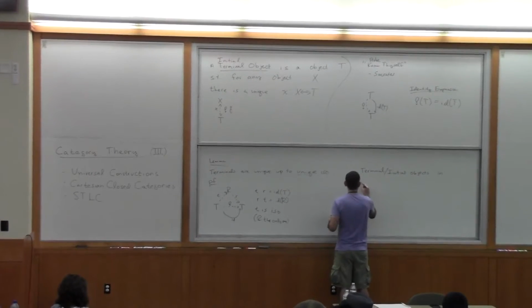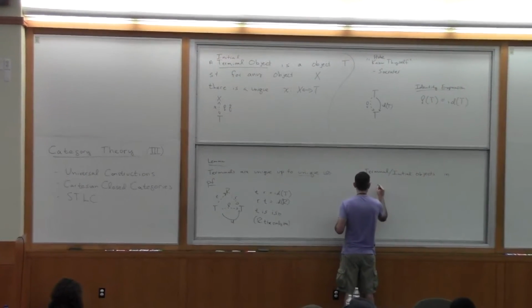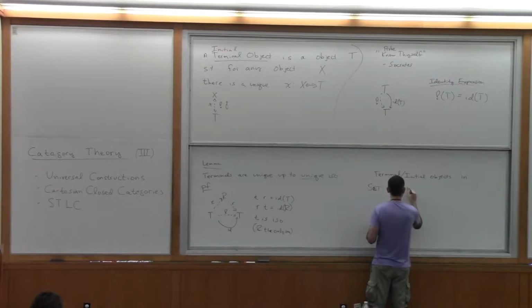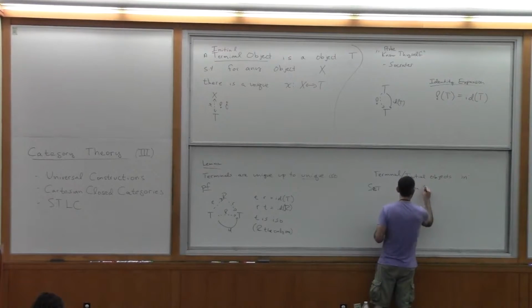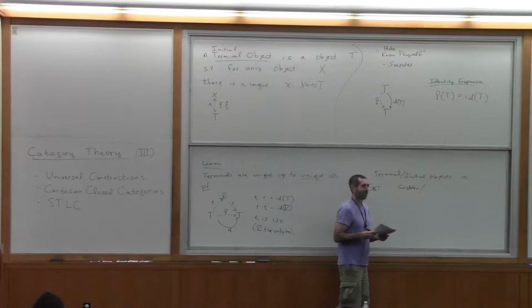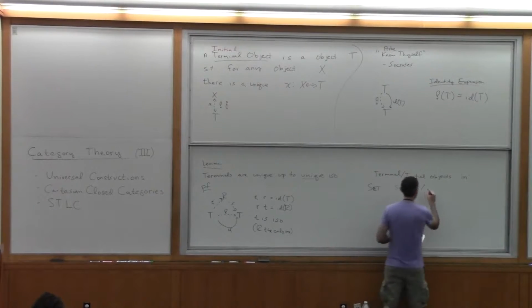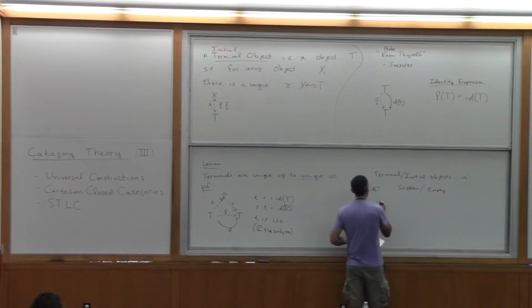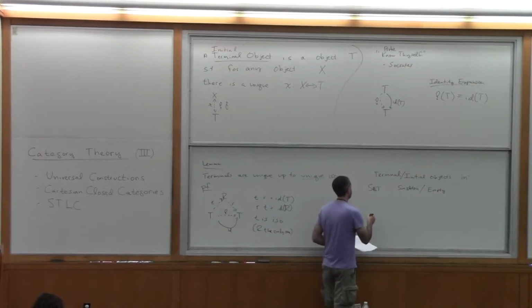So in sets, we just saw what a terminal object was. It was a singleton set. And any guess what the initial object is? Well, okay, I'll let you think about it, but I'll just tell you it's the empty set. And you should convince yourself of that maybe during the exercise session.